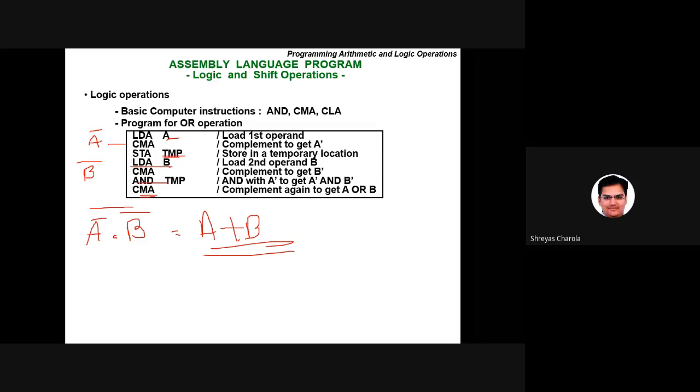Okay, very good. So EC students, write down the attendance. Okay.